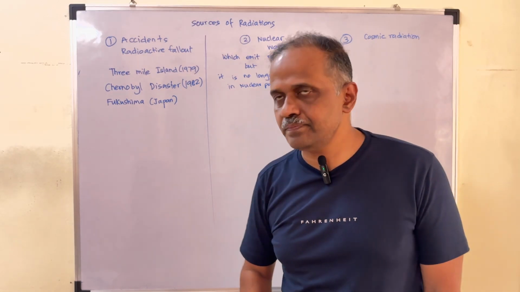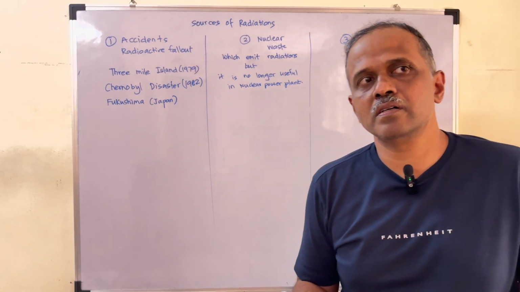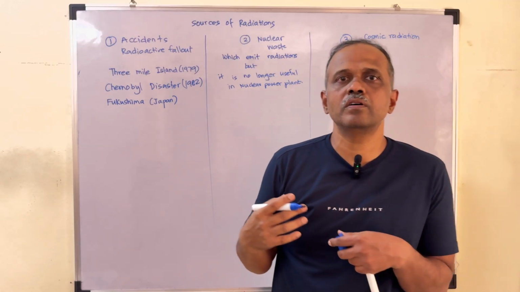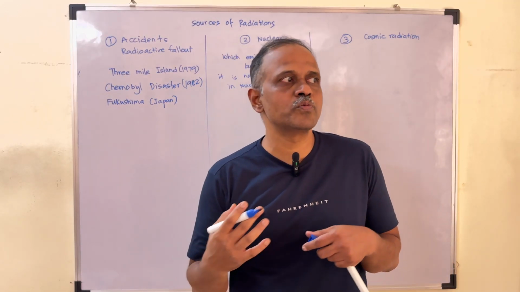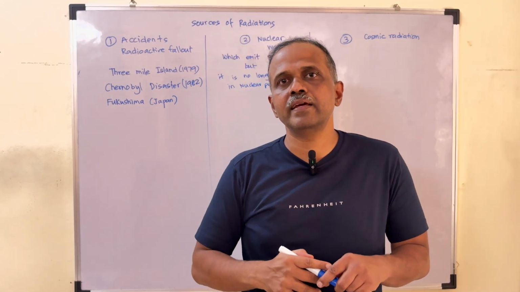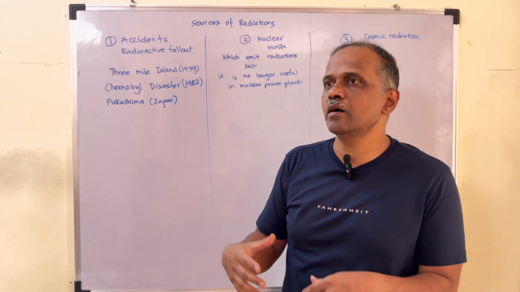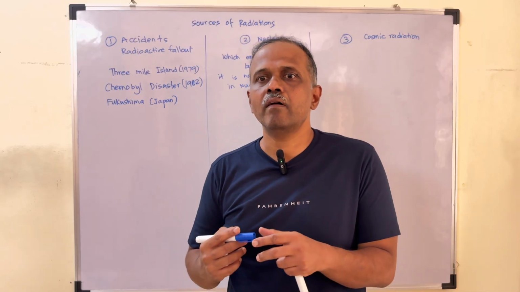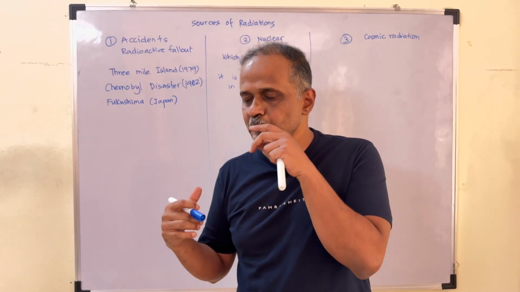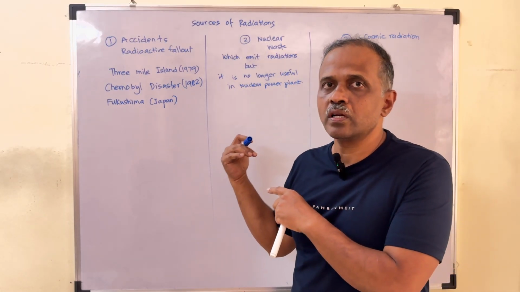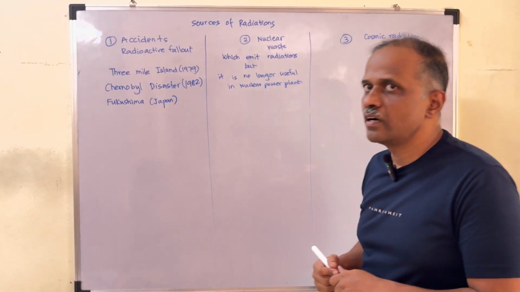These nuclear wastes, which are the used nuclear fuel rods, have to be disposed of properly. They have to be covered in a lead box and buried deep into the ground. There are different safety measures which are imposed on the disposal of this nuclear waste.